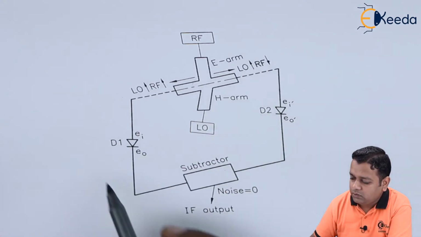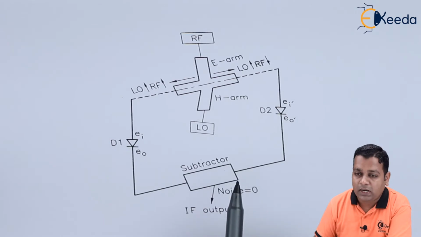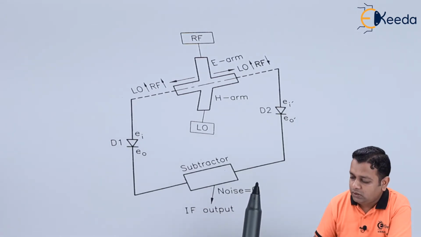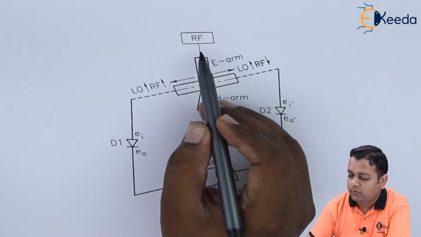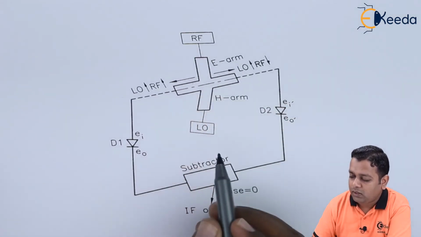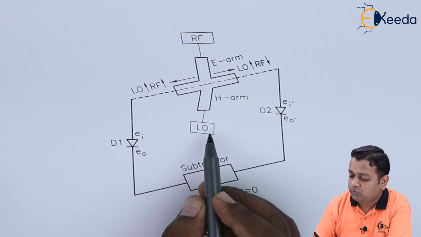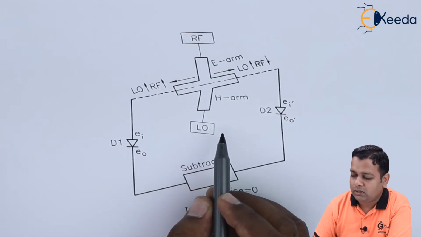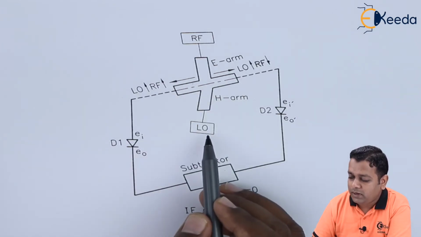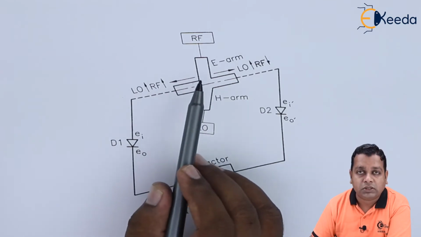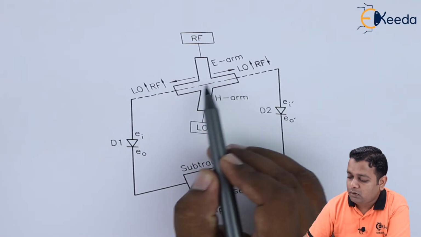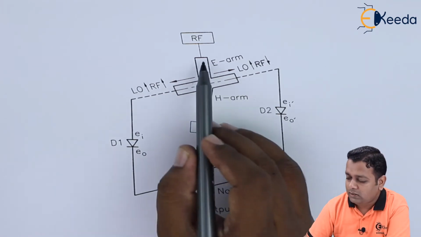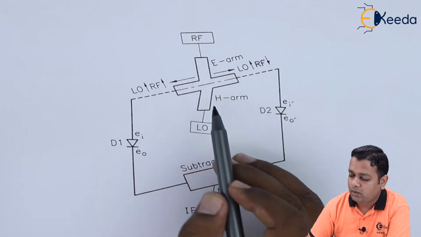In this particular schematic diagram, you can see a balanced mixer. In the balanced mixer, the first input is from the RF amplifier, whereas the second input is from the local oscillator. These are fed as inputs to the junction arms of the magic T hybrid T. These are the pair of collinear arms, and these are the pair of E arm and H arm.